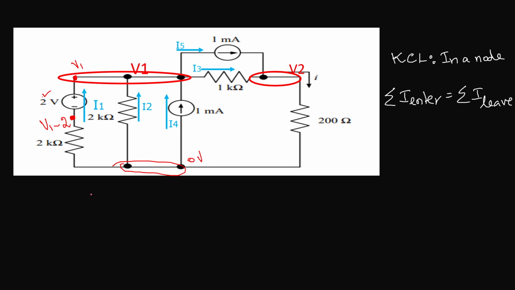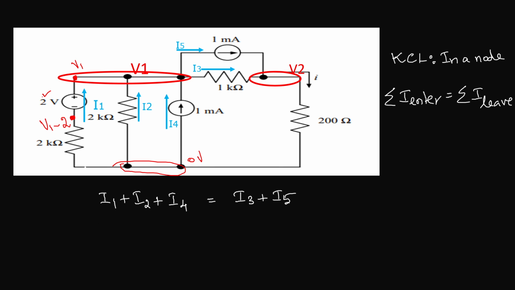So we write the equation: I1 plus I2 plus I4 equals I3 plus I5.